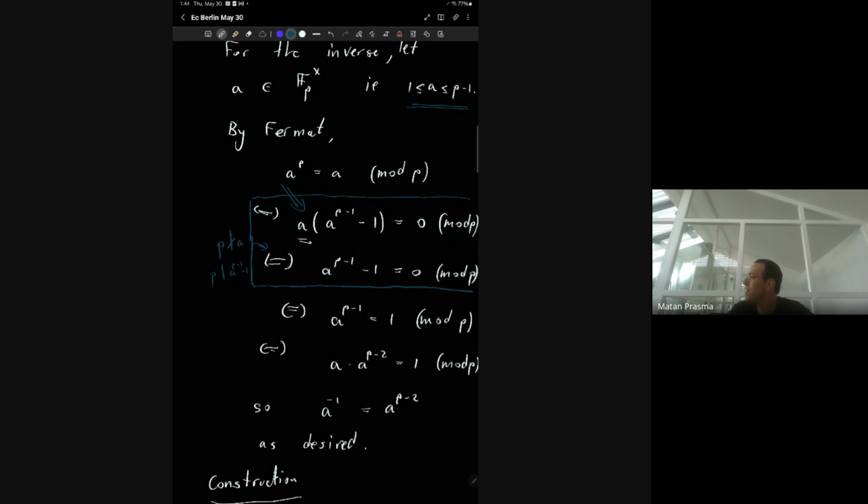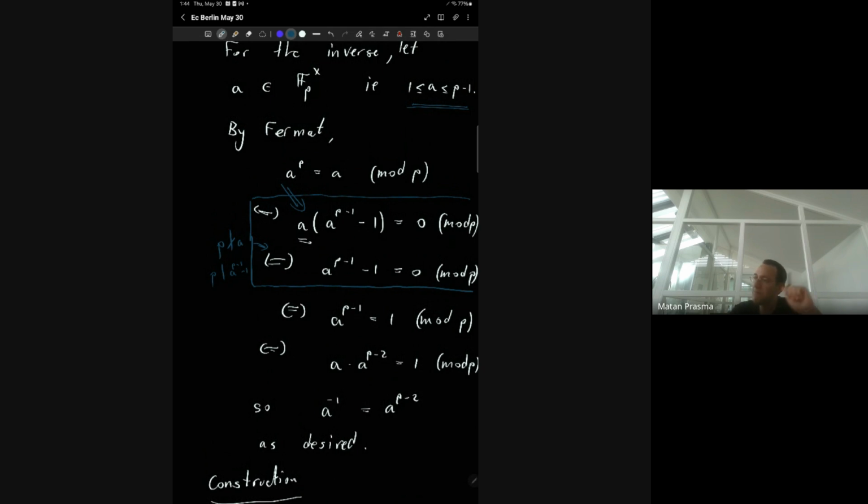That is, we have the structure of an abelian group with respect to addition, with the neutral element being 0. And if we remove 0, we have an abelian group structure with multiplication and neutral element being 1.